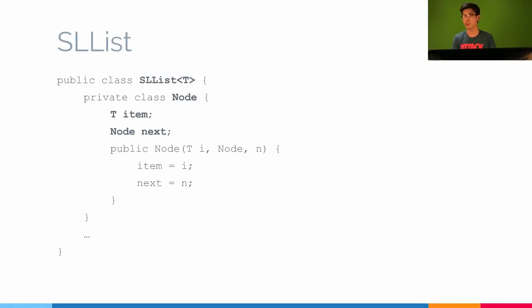So moving on to the singly linked list. The singly linked list has this format: within it, we have a node class. You can think of this node class as the IntList class, where it has an item, it has a next field, and then it has a constructor.